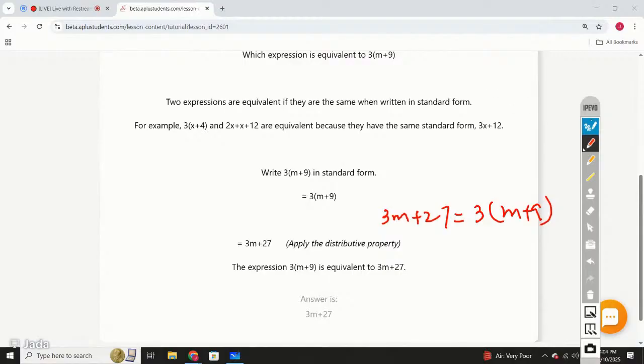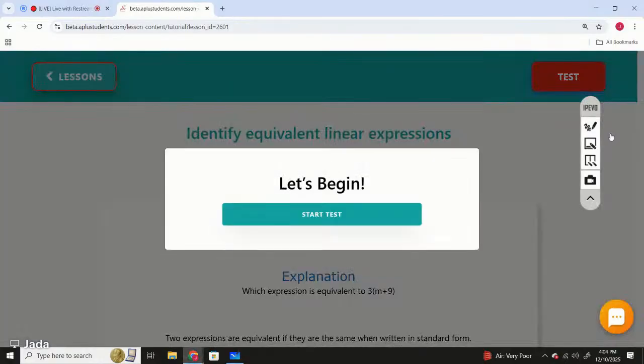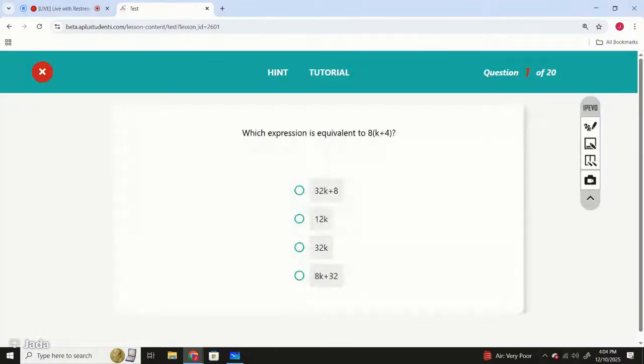Let's start with the test questions. Which expression is equivalent to 8 times k plus 4? So you have to do 8 times k.